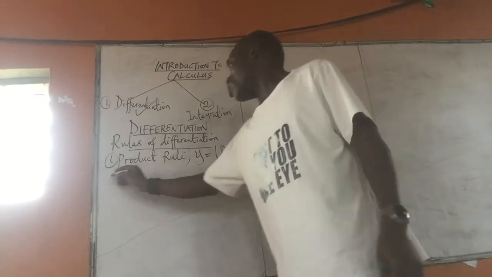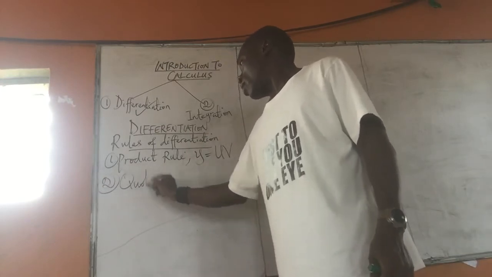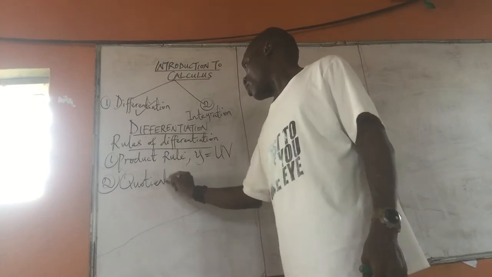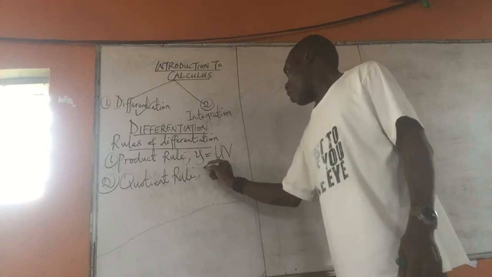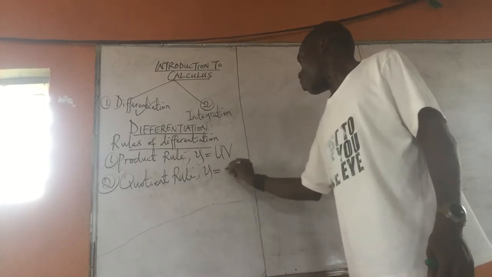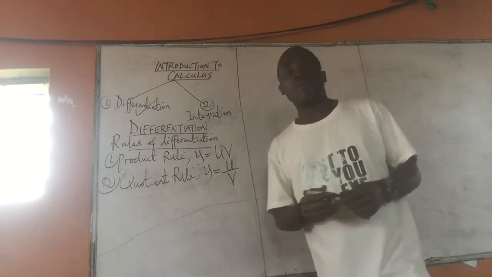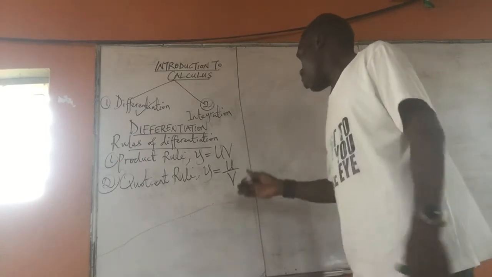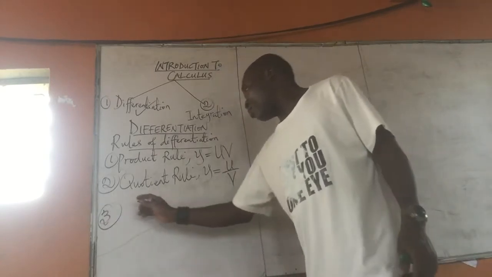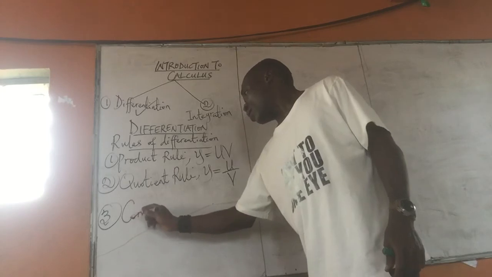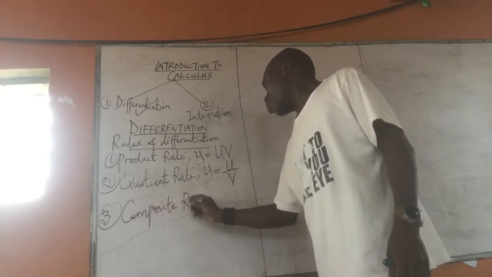Then the second rule is the quotient rule. For the quotient rule, we have the two variables dividing each other, which is y equal to u over v. And for the third one, we have the composite rule.